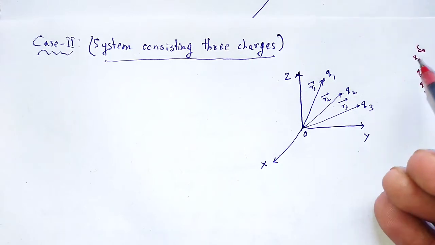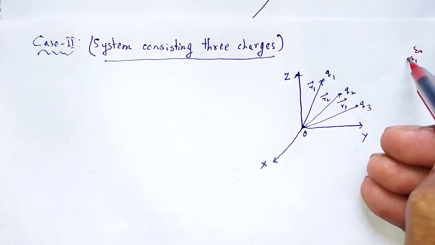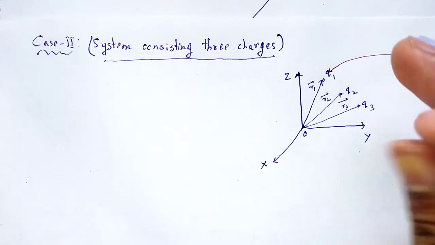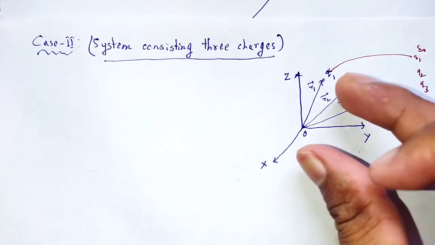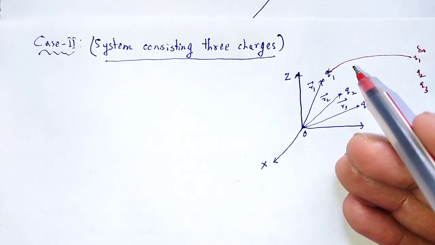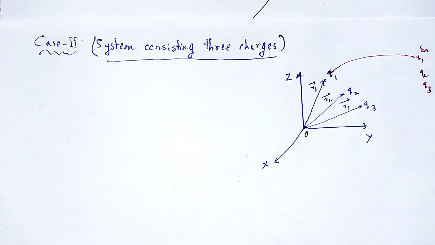Now first bring the charge Q1 from infinity to its respective position, that is the R1 vector. There will be no work done, since there is no electrostatic force.